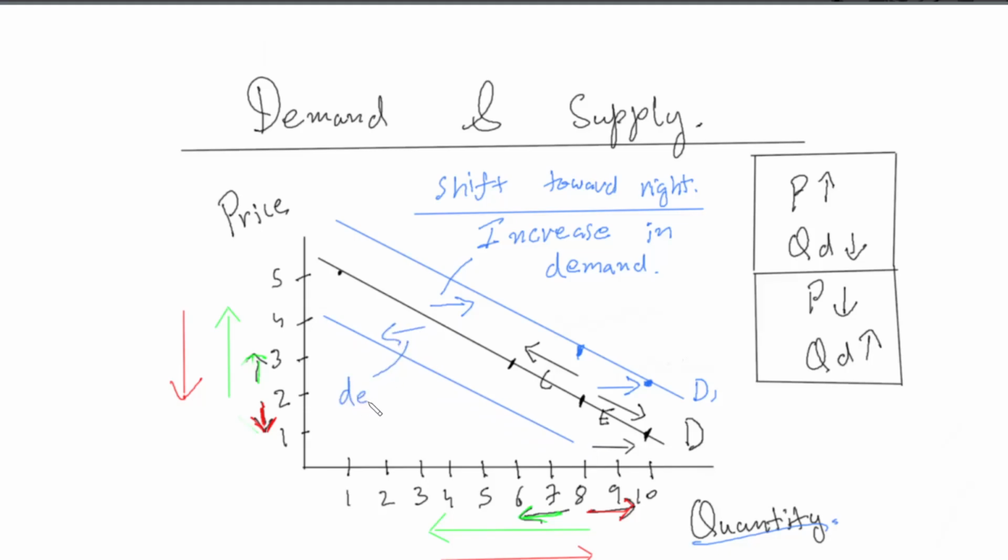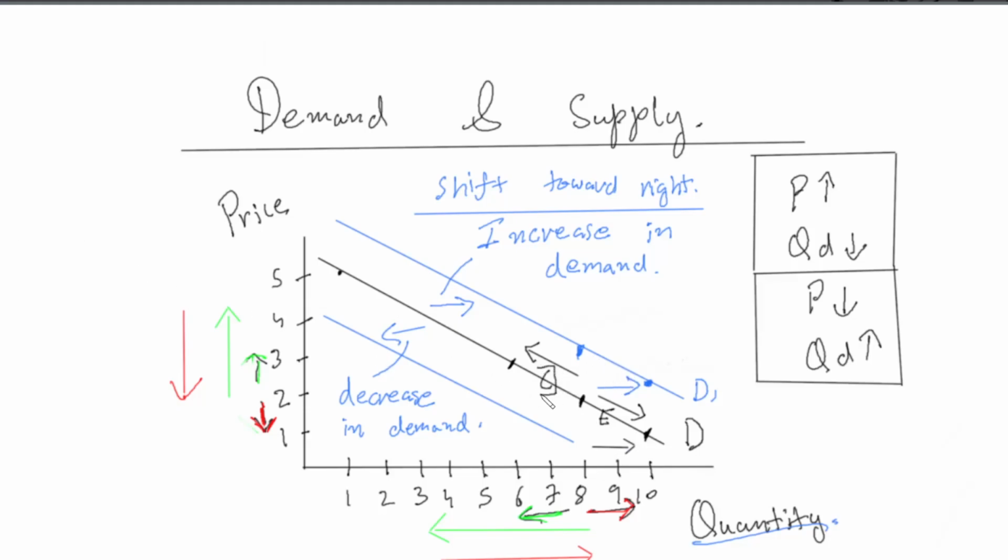This here is decrease in demand. Okay, so if it's only because of extension or contraction, you can see the C's and E's that I've mentioned.